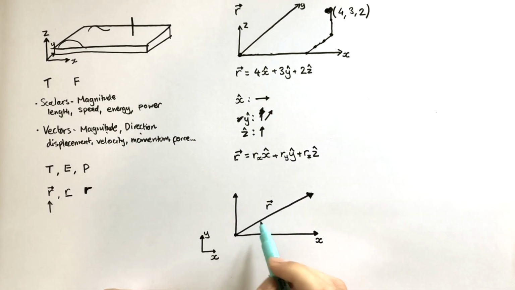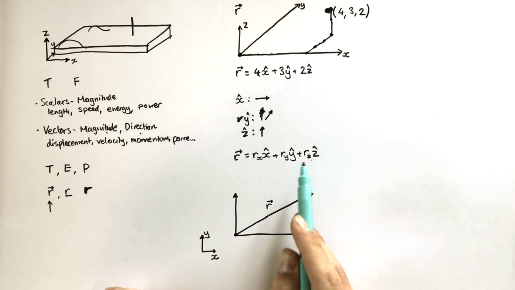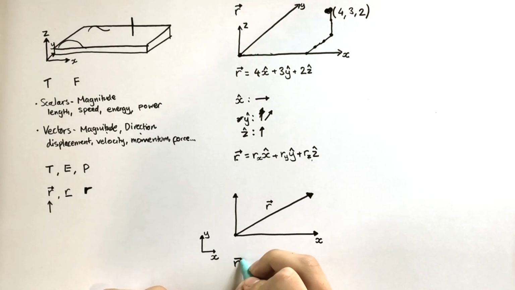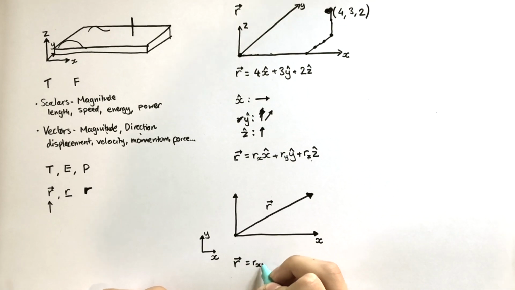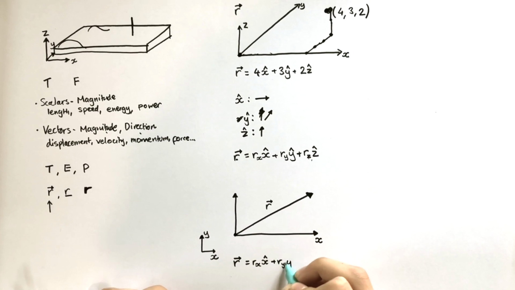This is basically exactly the same vector, except I've dropped the z term just for simplicity. So again, we can say that r equals rx in the x hat plus ry in the y hat.